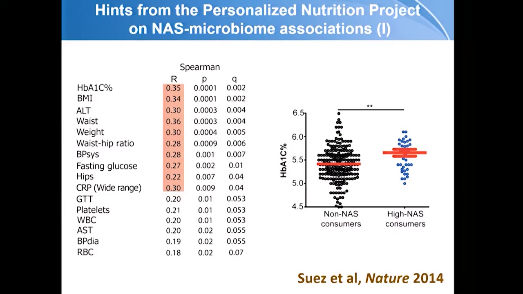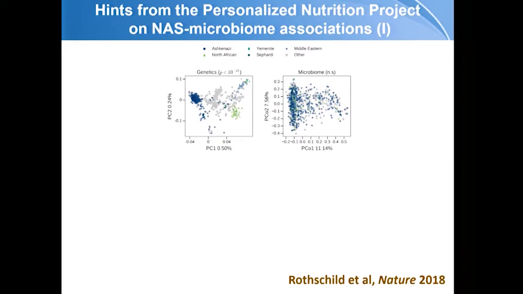And actually, these associations and hits deepened within the years. A few months ago, we published a paper based on the same cohort. And in that paper, we aimed to directly compare the contribution of the gut microbiome to the contribution of the host genome to each other and to the downstream metabolic phenotypes in 1,000 humans.